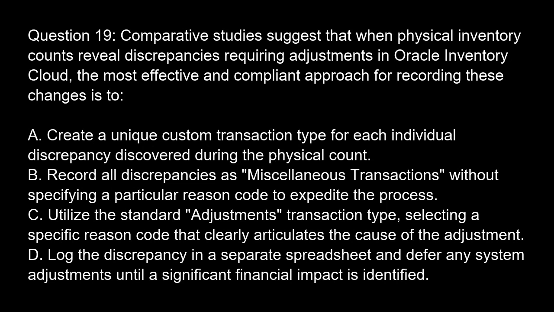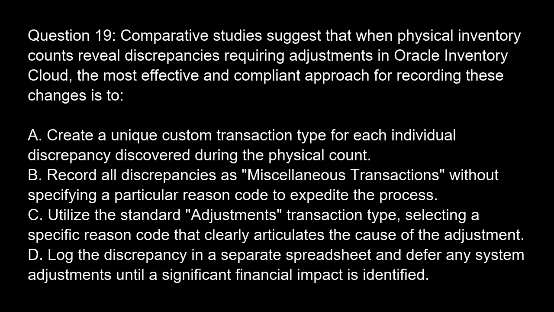Question 19. Comparative studies suggest that when physical inventory counts reveal discrepancies requiring adjustments in Oracle Inventory Cloud, the most effective and compliant approach for recording these changes is to: Option A. Create a unique custom transaction type for each individual discrepancy discovered during the physical count.